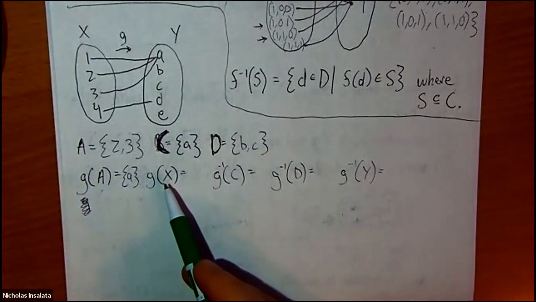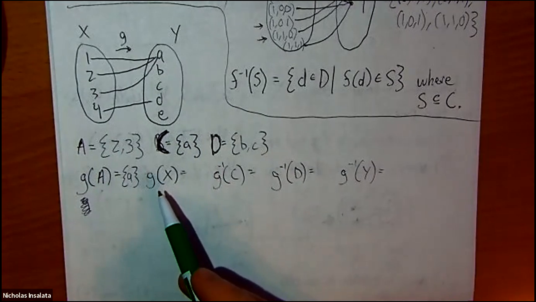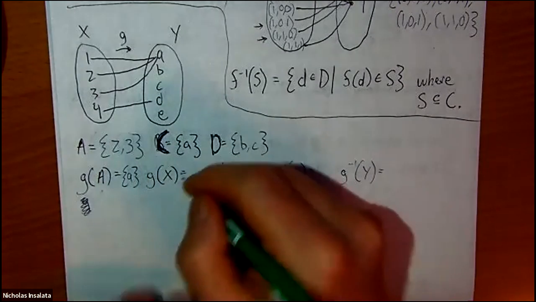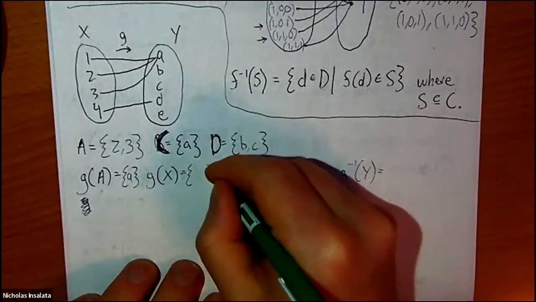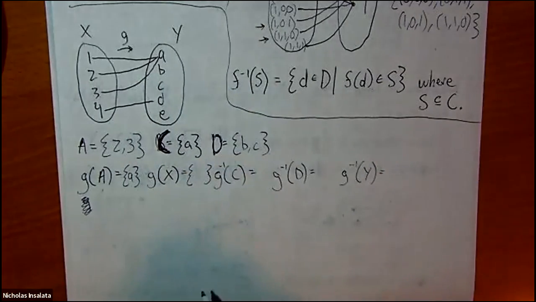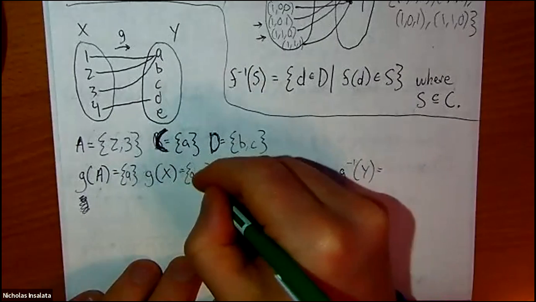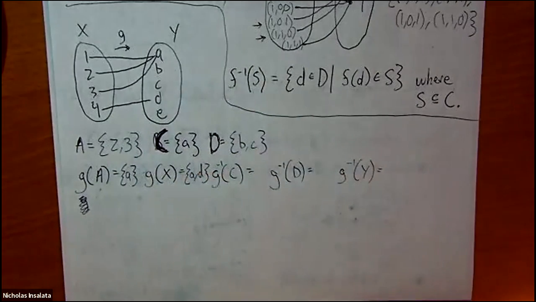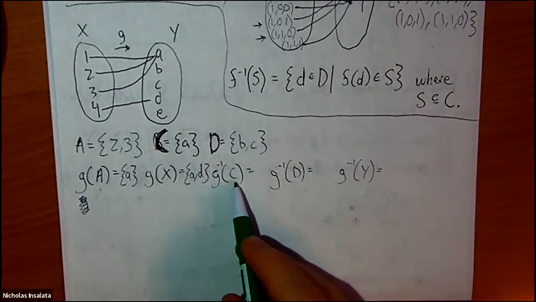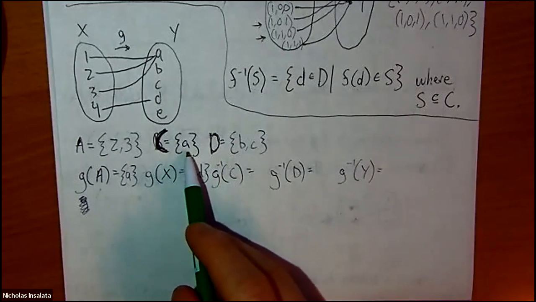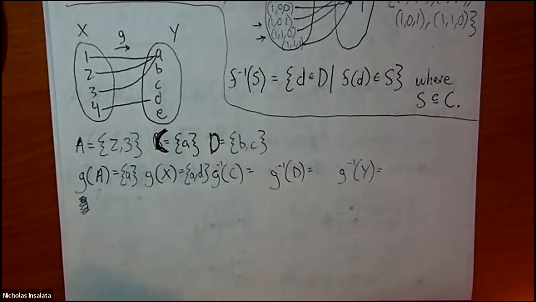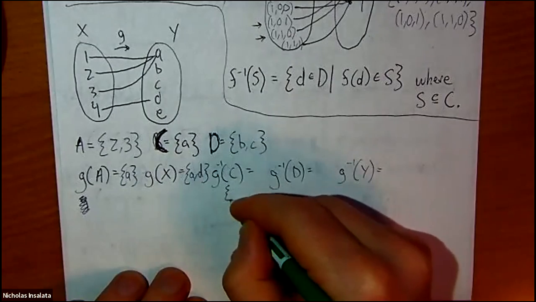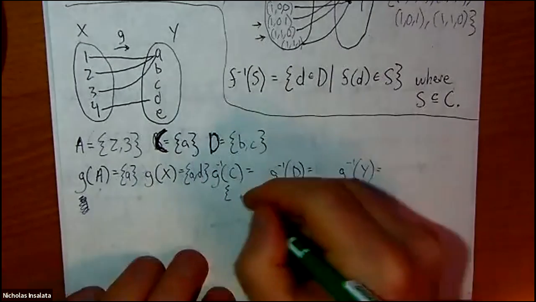Okay, so how about G of X? So what would be in there? A and D. Very good. Okay. How about the inverse image of the set C, which contains only the letter A? 1, 2, and 3. Good.